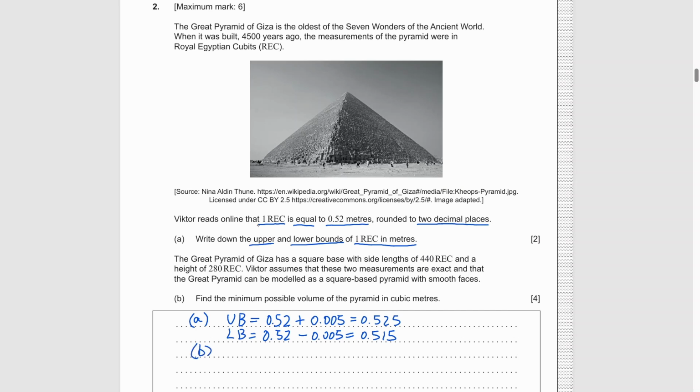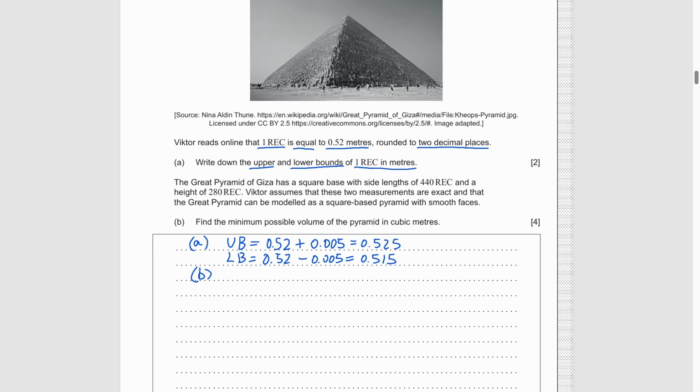For part B, we have a pyramid with a square base. The side length is 440 REC and the height is 280 REC. We need to find the minimum possible volume in cubic meters. To do this, we apply the formula for the volume of a pyramid, which is 1/3 times the base area times the height.